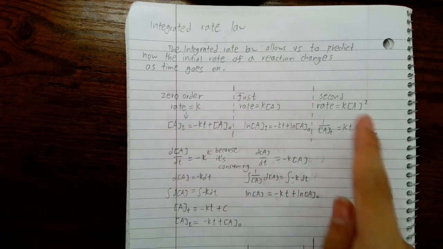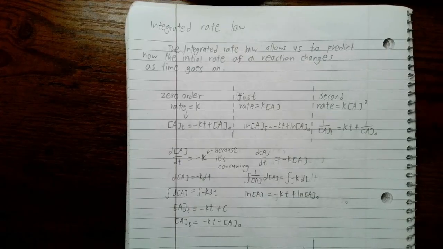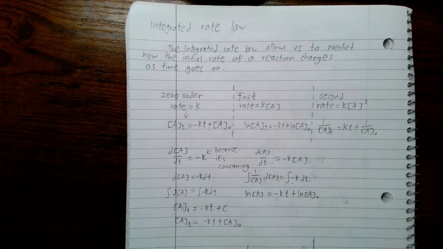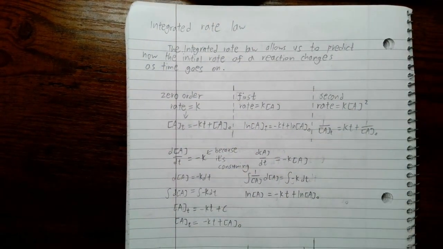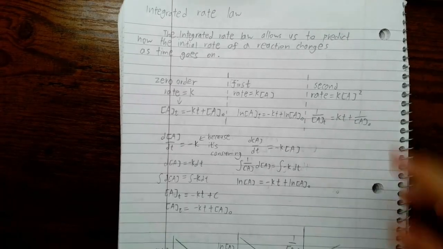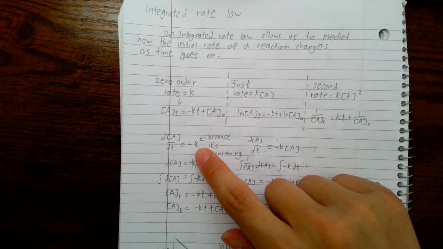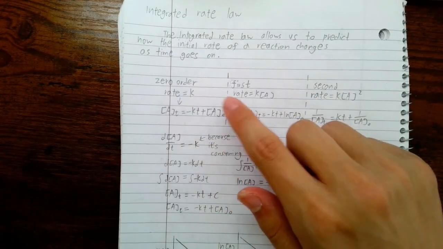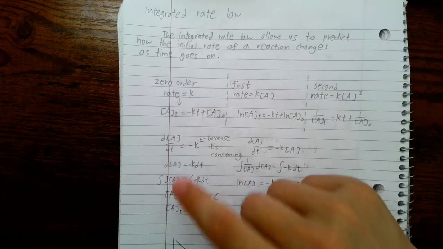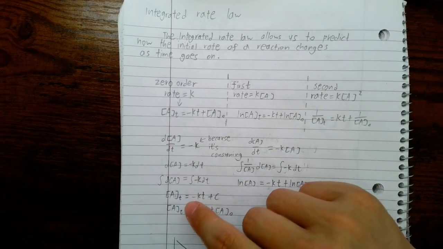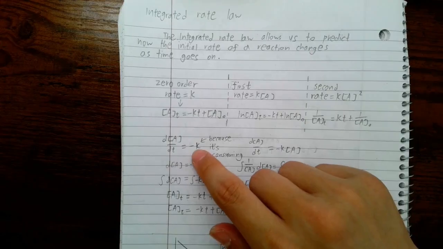So recall that these are the versions of our rate law for each order of the reaction, and if you integrate each of the 3, you will get brand new equations. And just to do an example, I will try to integrate the 0 order rate law over here. So we first change this k into negative because we want this k to be positive, but this rate is actually consuming the reactants. So we will flip the sign here and make it negative.